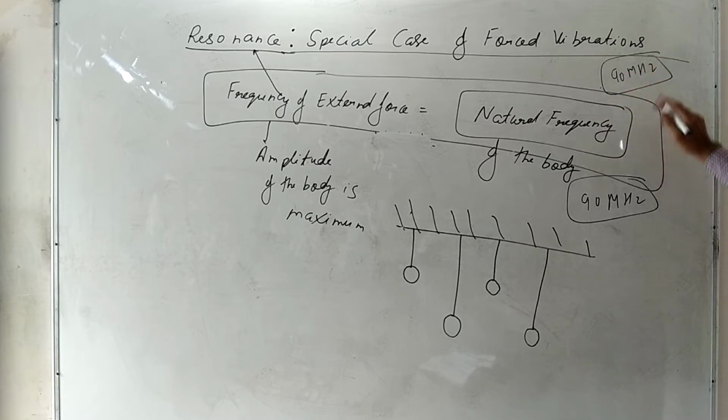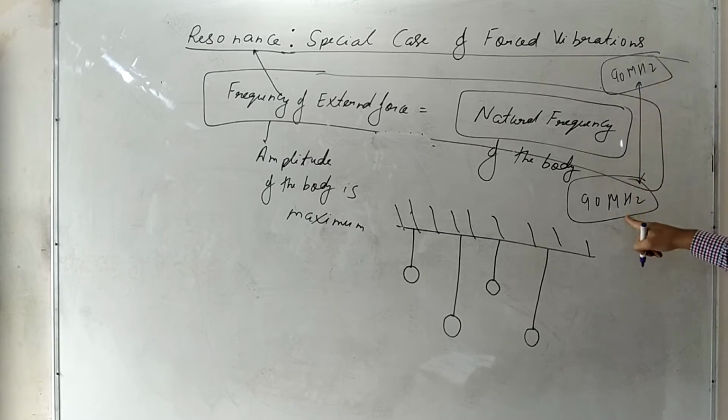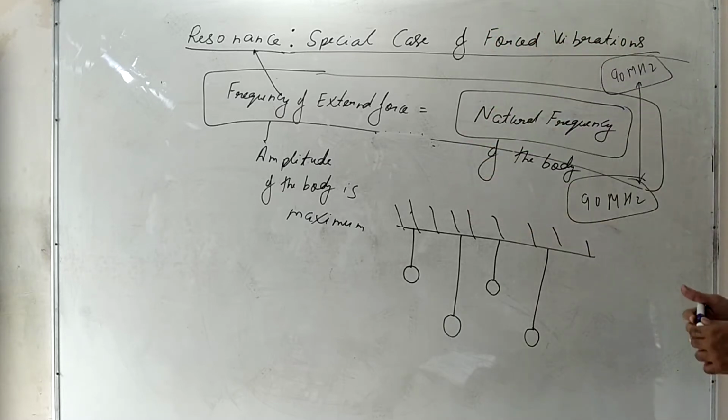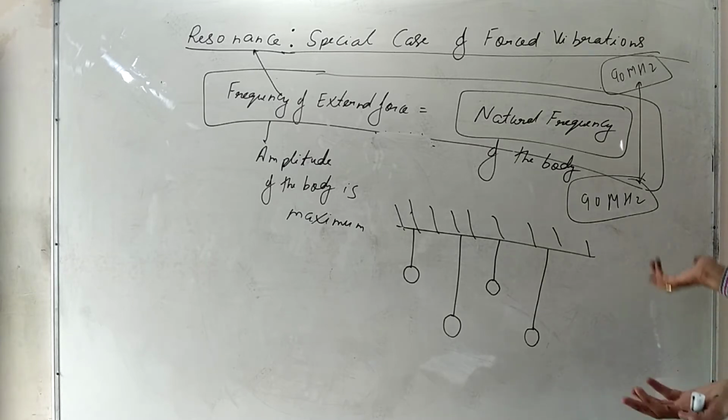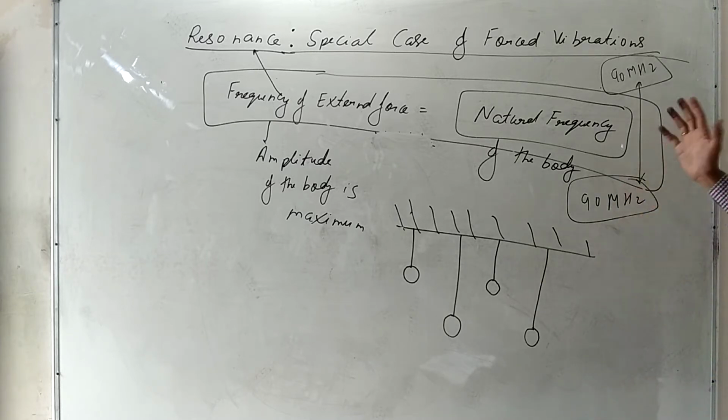If this forced frequency of your radio matches the natural frequency of the radio station, they both will come into resonance. Amplitude will be maximum, and you can hear loud music or any telecast which is happening on this radio station.